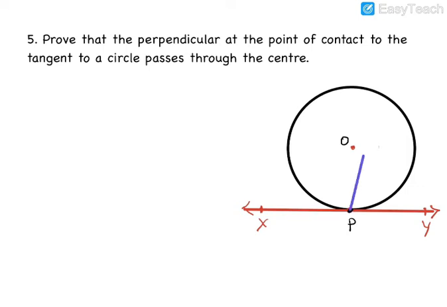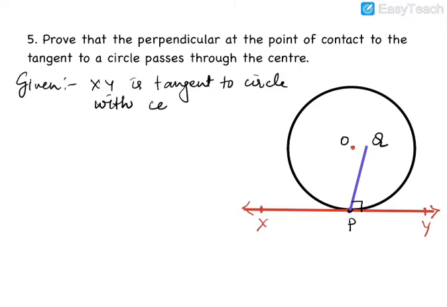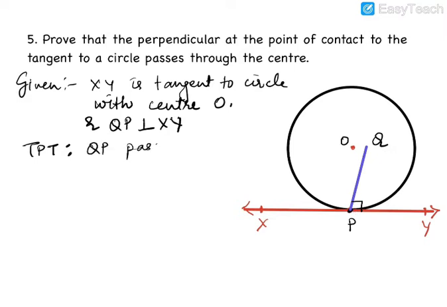So let's say PQ is a line that is perpendicular to the tangent and does not pass through the center. Let's write down what is given. XY is a tangent to the circle with center O, and we are given that QP is perpendicular to this tangent XY. We have to prove that this perpendicular QP passes through the center.